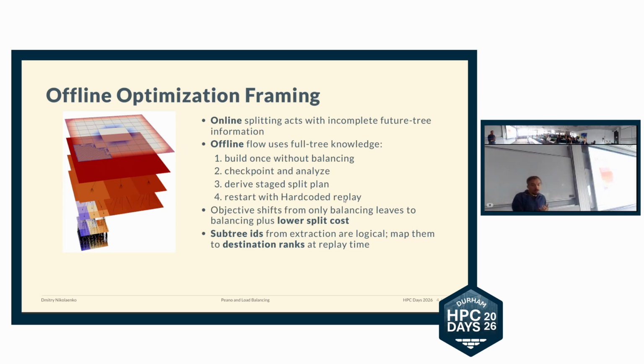So, online and offline. The Peano toolbox provides splitting for online, where on each grid level it applies some strategy and decides, oh, here the tree needs to be split. What does it mean, the tree split?